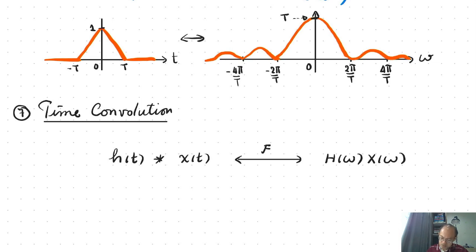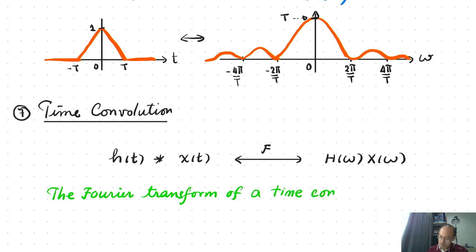Okay, so the Fourier transform of a time convolution is the product of the Fourier transforms.